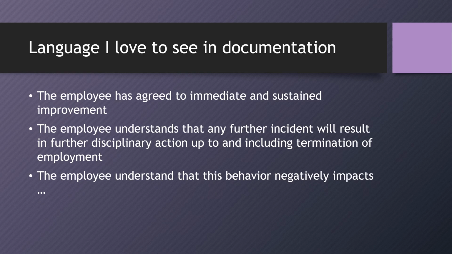The employee understands that this behavior negatively impacts whatever it is. For all forms of documentation, it is really important that we include some statement of the negative impact to the business or to the organization. If an employee commits a behavior in your organization, but it has no negative impact to your organization, then really we're just complaining.